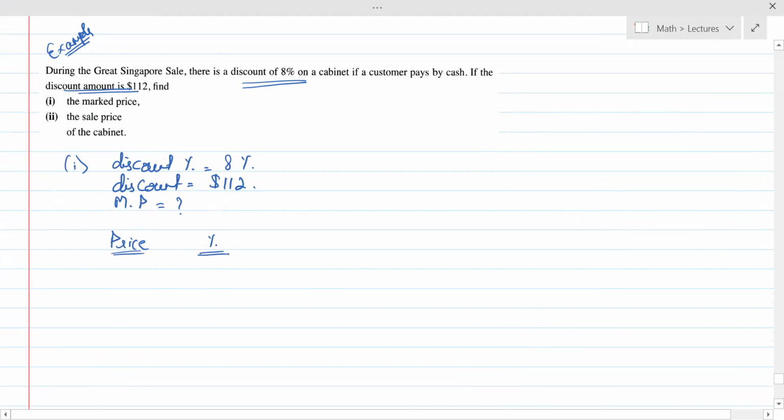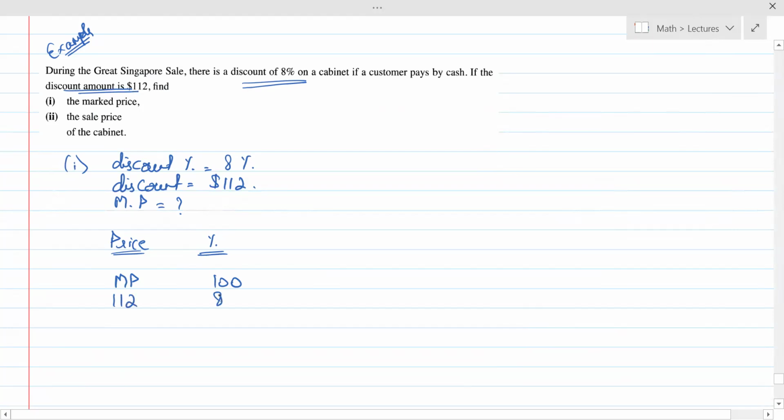And for price against the percentage, the first row of values is mark price against 100. So mark price is something we need to find against 100. And then discount is $112.